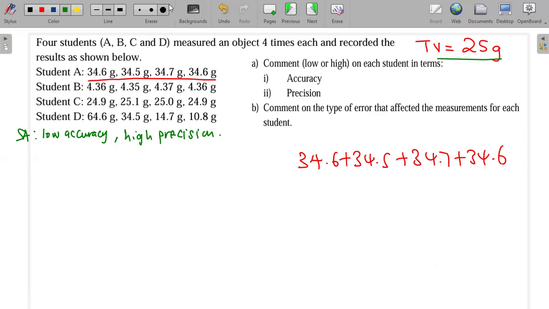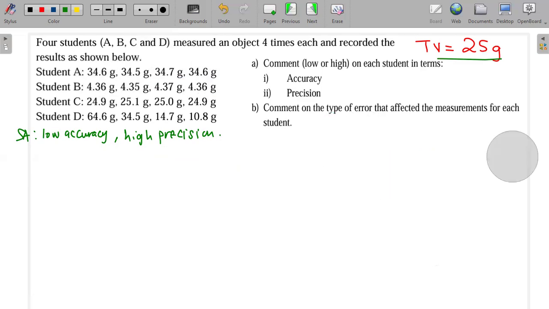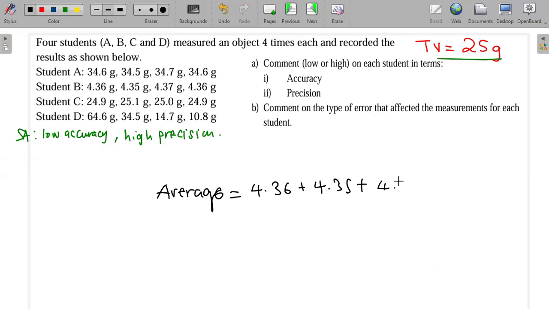And then let's look at student B. To check the accuracy, again, we need to find the average of the measurements there. The measurements are 4.36 plus 4.35 plus 4.37 plus 4.36.